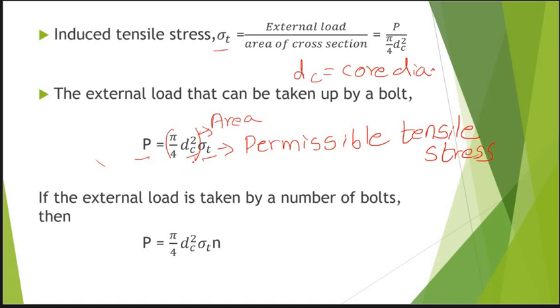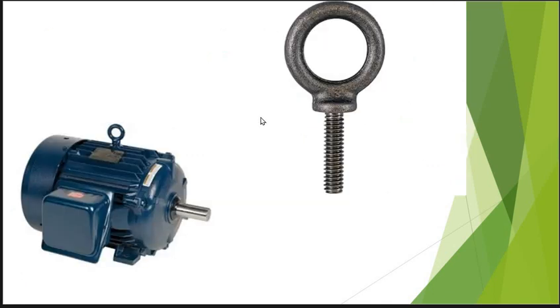Now, here you can see that there is an eye bolt, and this eye bolt has a dc or core diameter. Suppose it is 12 mm.